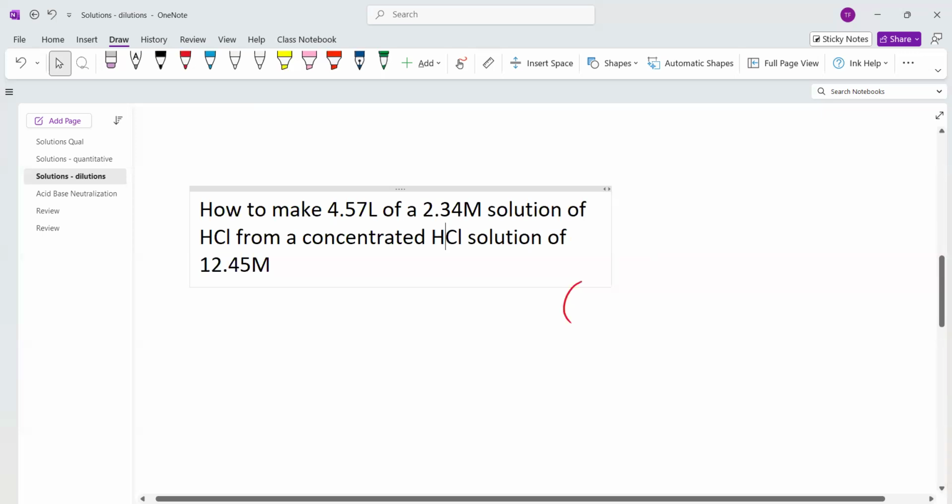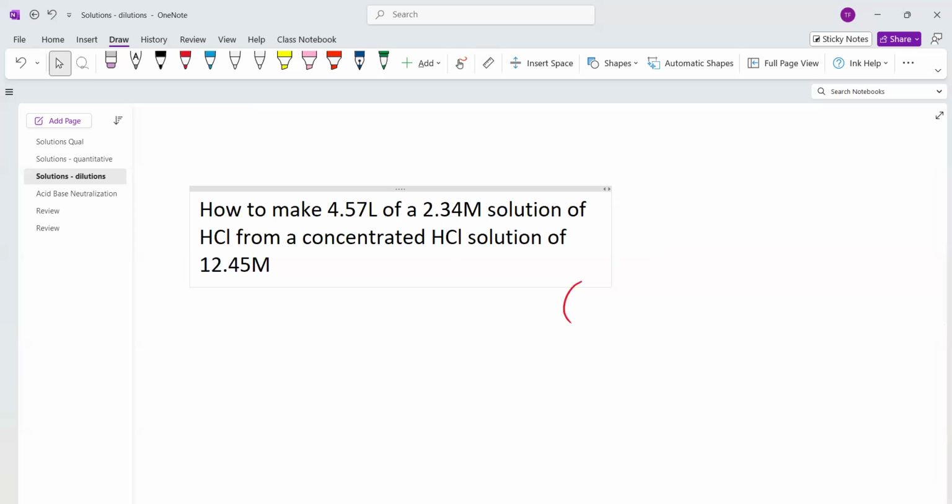Okay, so let's talk about concentrated acids now. You're working in a stock room, and this finicky professor wants 3.57 liters of 2.34 molar hydrochloric acid. And all you have in the back is 12.44 molar concentrated acid. You're going to make it up. So this is a dilution problem again.